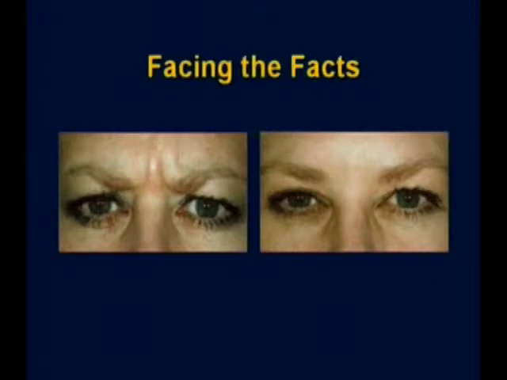Right above the eyes, in between the eyes. Exactly. When you're angry with someone, that is the so-called 11 that you see there. That's a pretty common area that we use it. We also use it in the forehead for those kinds of wrinkles.